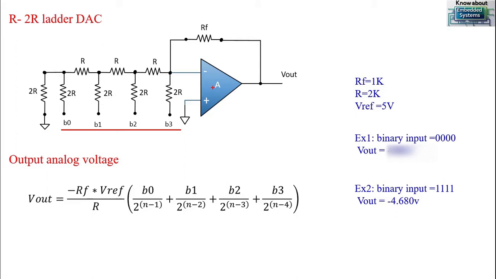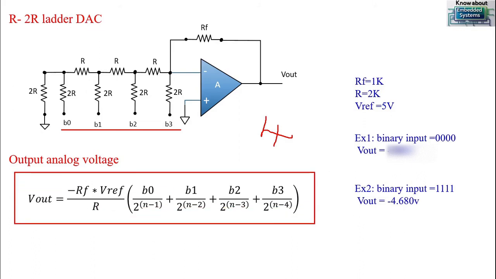In this example, what you are seeing on the screen is a 4-bit DAC. We have 4 bits, B0 to B3, a feedback resistance RF, and a pair of resistors with values R and 2R. The output will be in the form of voltage or current. How do you calculate that voltage or current?